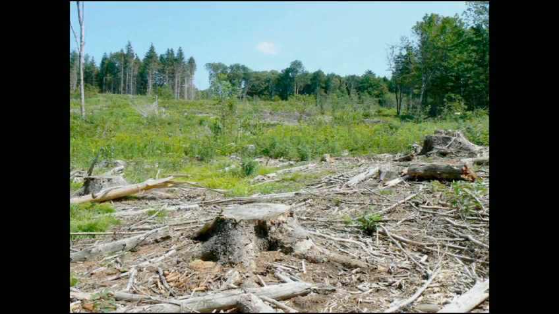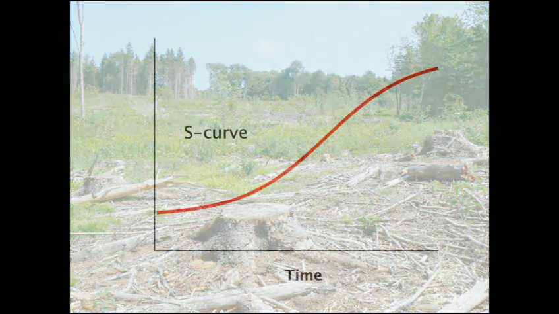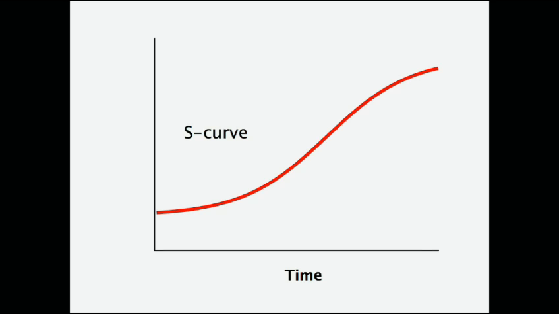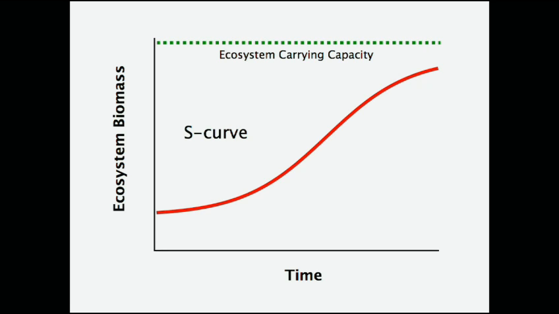This sort of S-curve shows up, for instance, after you get a clear cut and the forest starts coming back. It shows up in this sort of way, where the ecosystem biomass increases over time following that kind of S-curve. And the reason that the S-curve bends over is because it's bumping up into the ecosystem overall carrying capacity.